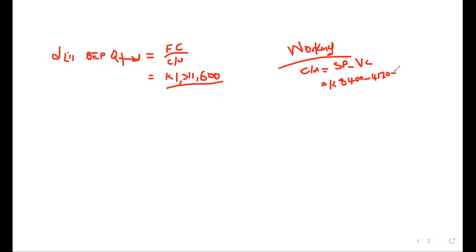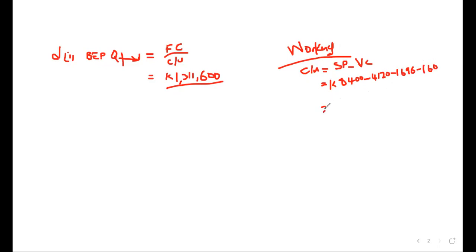Minus the labor cost per unit, we also calculated as 1,696. Then we less the last one we have just been calculating, 160.